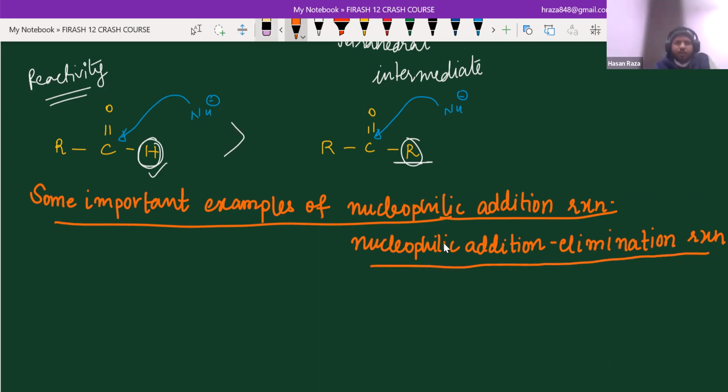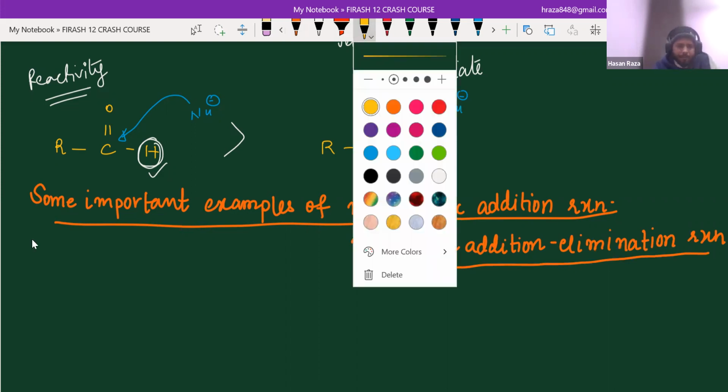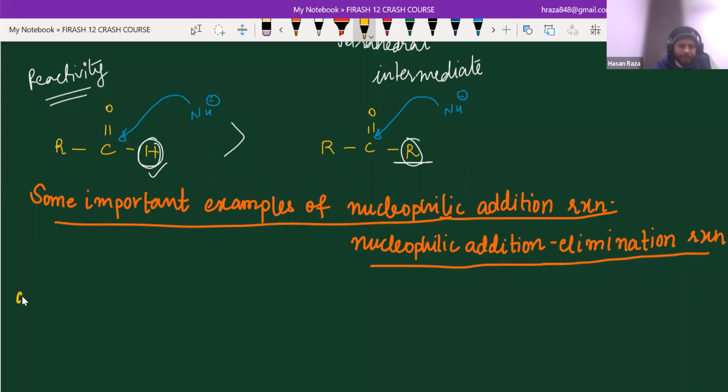So the first one is basically part A, addition of hydrogen cyanide.